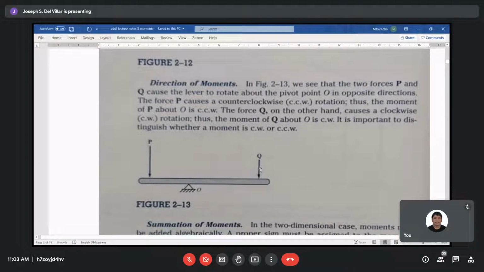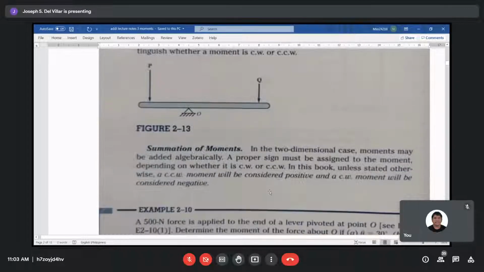Yung Q naman, if you're going to apply Q, the effect of Q on the lever is to rotate the lever on a clockwise direction. So in a two-dimensional case, moments may be added algebraically and a proper sign must be assigned.